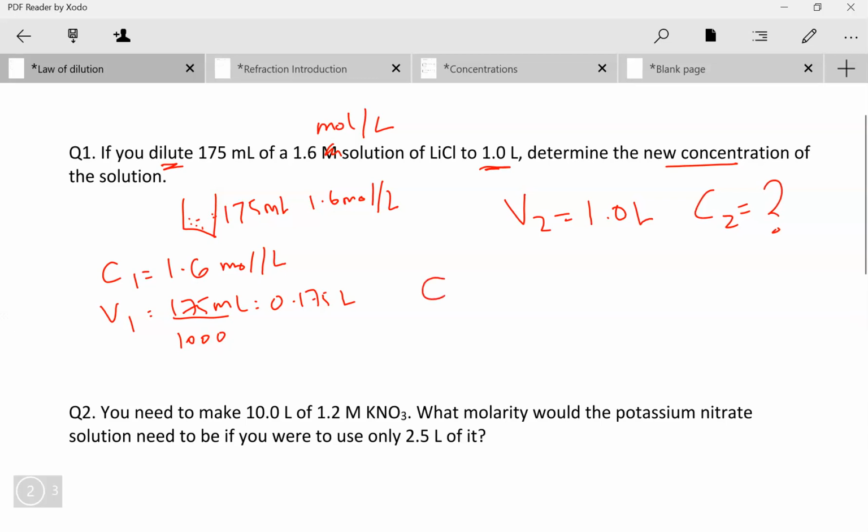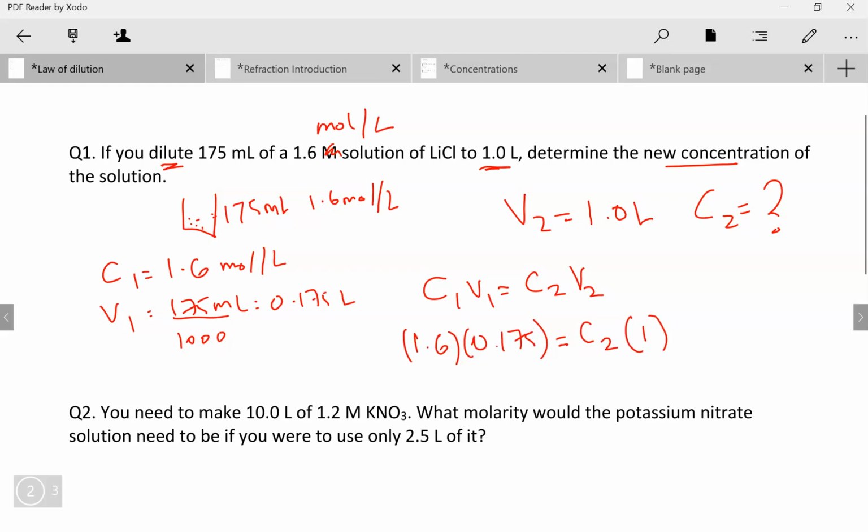So here we will have to be familiar with rearranging this equation. We take C1 as 1.6, V1 is 0.175, C2 I'm going to leave as C2, and the volume is 1 liter.